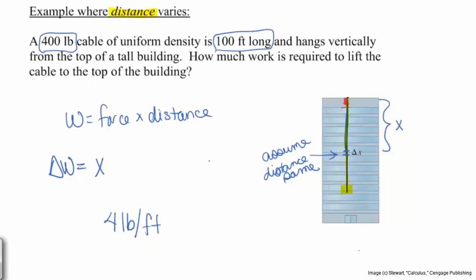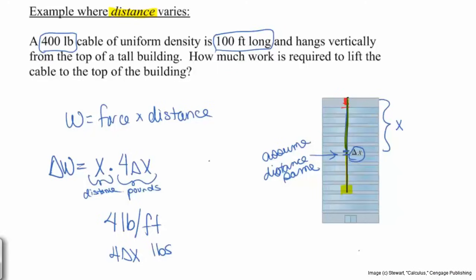And that would tell us that if we only have a little tiny delta x amount, then it would be 4 times delta x pounds would be how much our little tiny bit there would weigh. So delta W, the little bit of work, would be x, that's the distance, times 4 delta x.